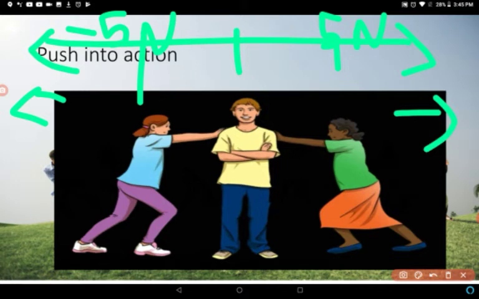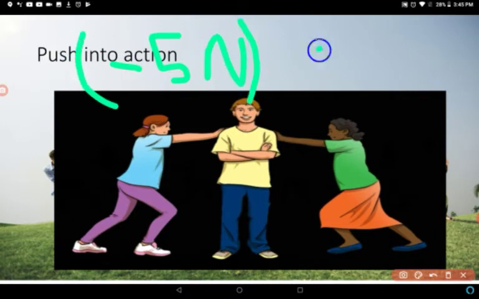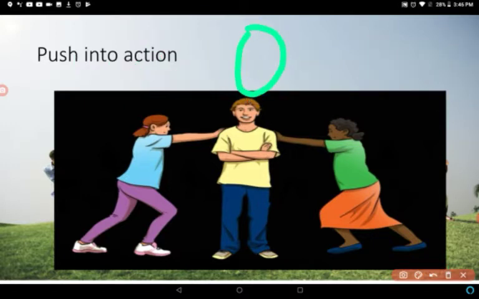Now the force applied on you is the sum of both the forces applied from each direction. Minus 5 Newton from this side and plus 5 Newton from this side is nothing but 0 Newton.